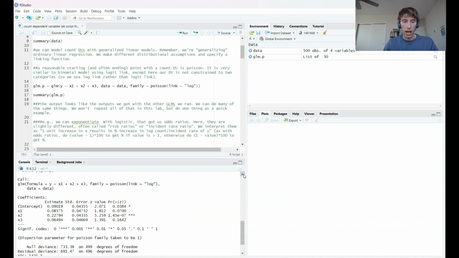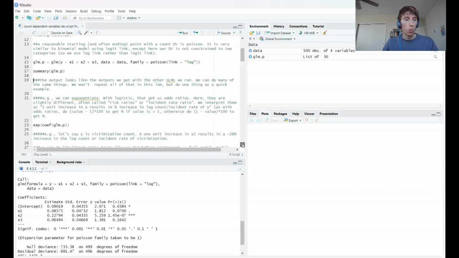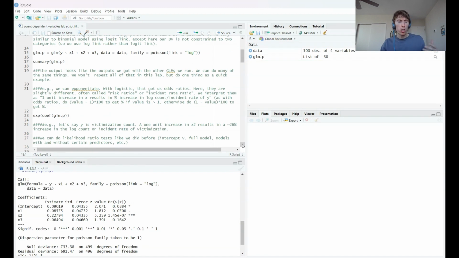Again, we see the typical output that we're used to with the other GLMs, so coefficients, standard errors, p-values, and all that. So virtually everything that we did previously with the other GLMs could also be done here. I'm not going to run through all of that, but one of them is exponentiating.